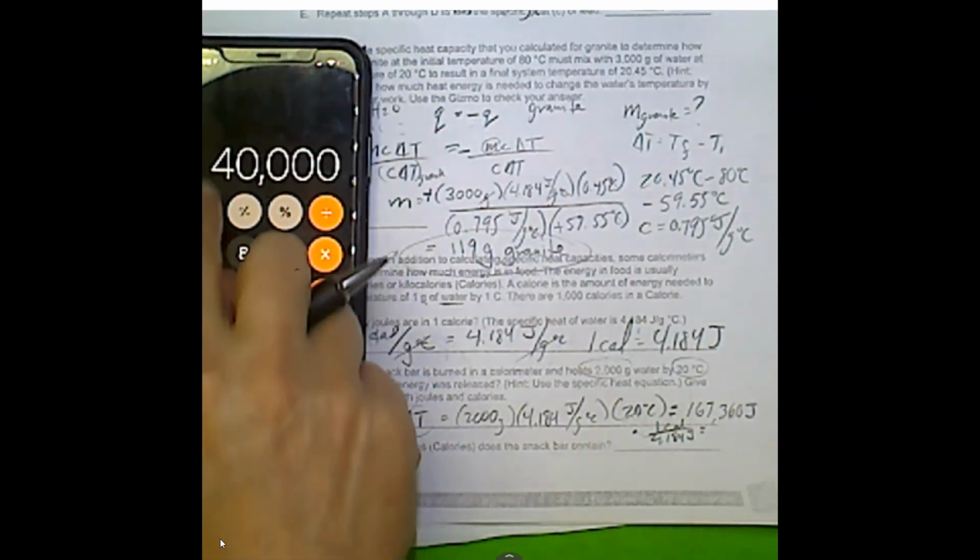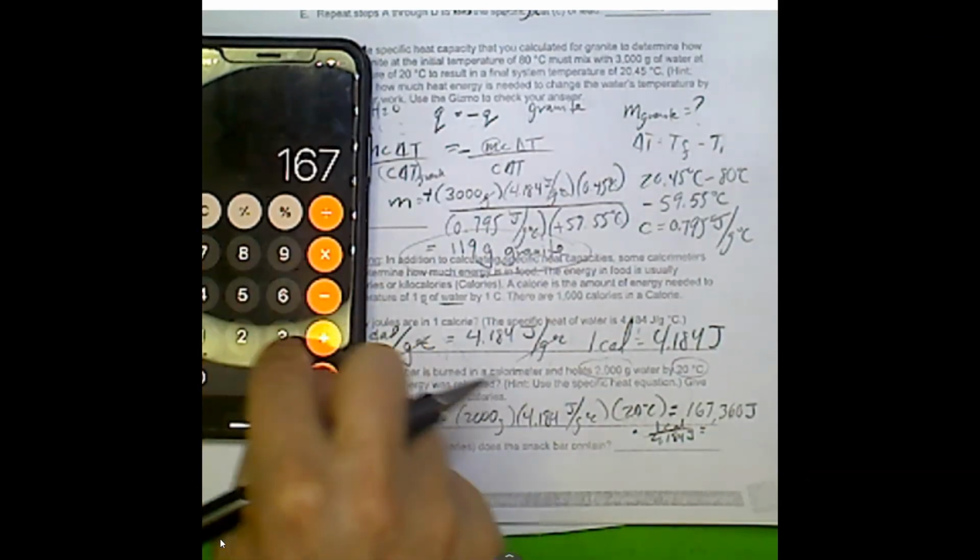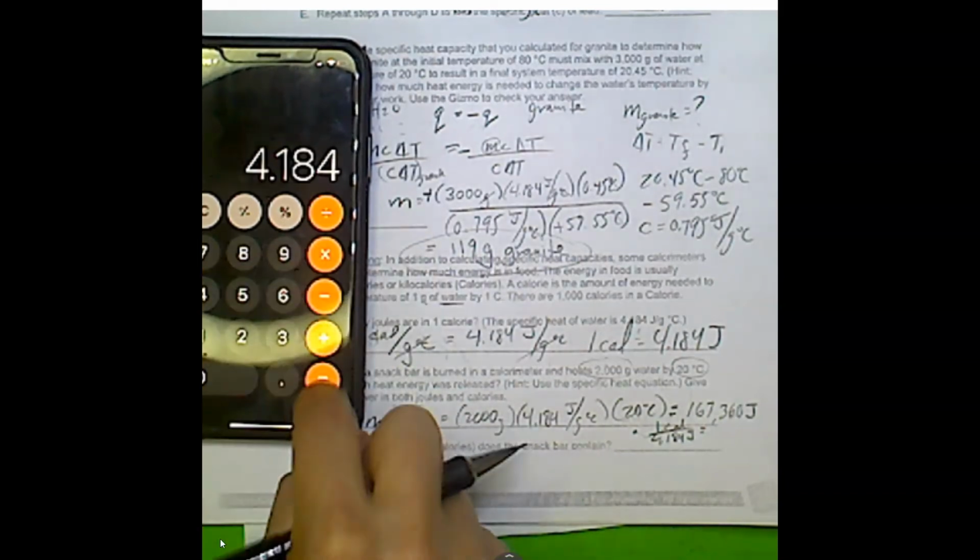And so we know there's 1 calorie for every 4.184 joules. So we just divide this by 4.184. Try that again. 167,360 divided by 4.184 equals, oh, it was right, 40,000 calories, which is the calories we talk about.